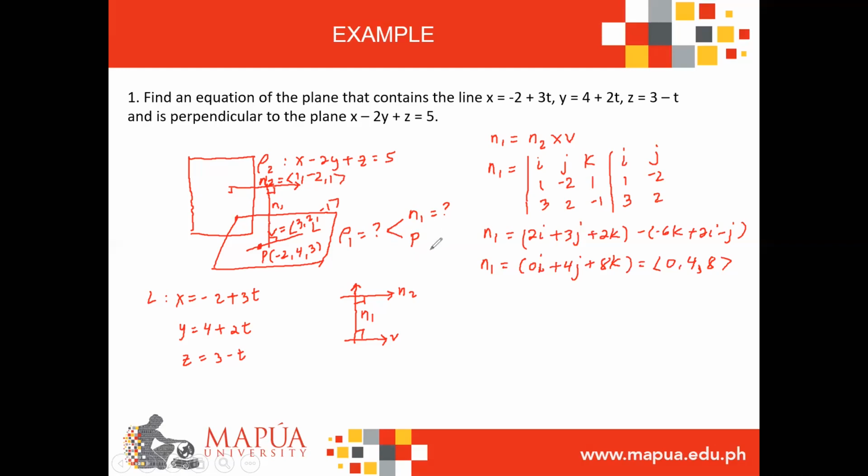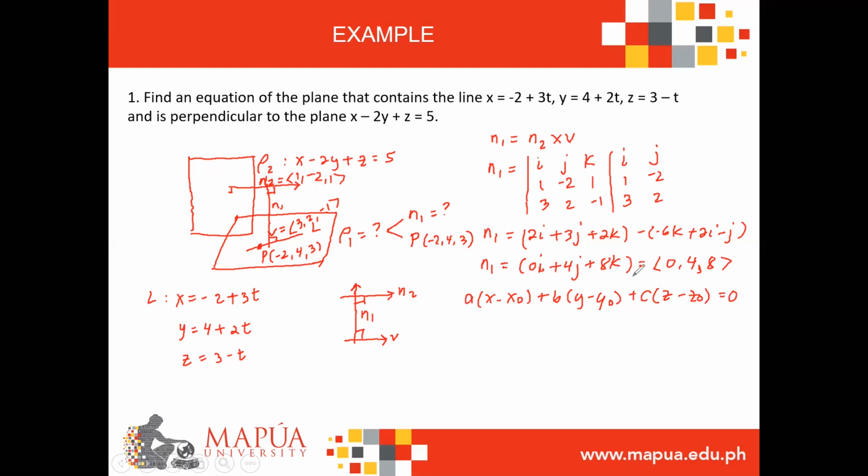And with that, we can now define the equation of your plane 1 because we already have the point P, which is negative 2, 4, 3. Defining the equation of your plane using the point-normal form, we have A times the quantity x minus x sub 0 plus B times the quantity y minus y sub 0 plus C times the quantity z minus z sub 0 equals 0.